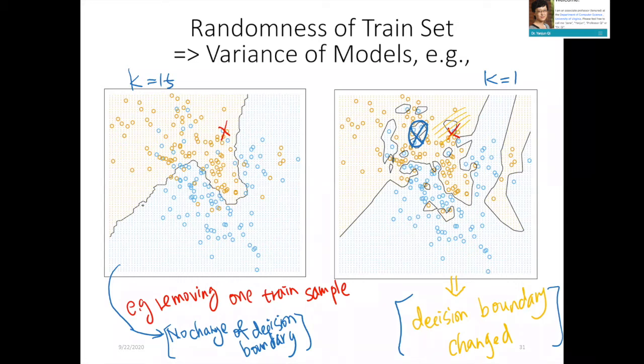Just a small change in the training data makes the decision boundary change a lot, which means my model has high variance. But on the left, if I change some of the blue points, my decision boundary will not change too much, so that model does not have too high a variance.